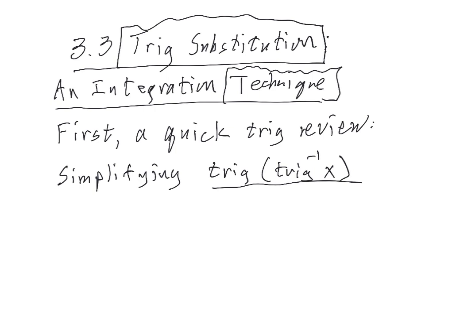I'm talking about simplifying expressions of this form: a trig function composed with an inverse trig function. Each of these could be any one of the six. It could be the tangent of the inverse cosine, or the secant of the inverse sine, whatever.